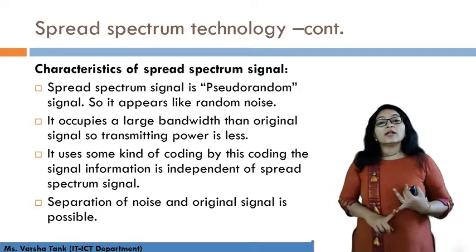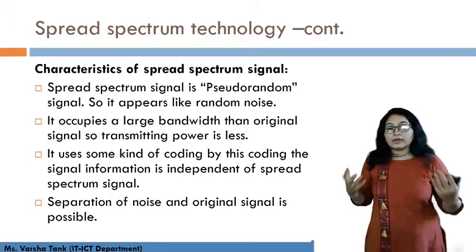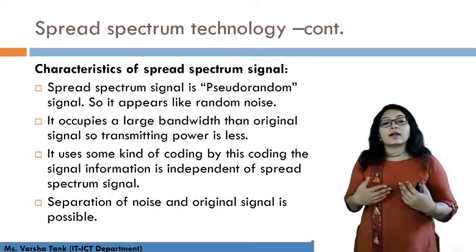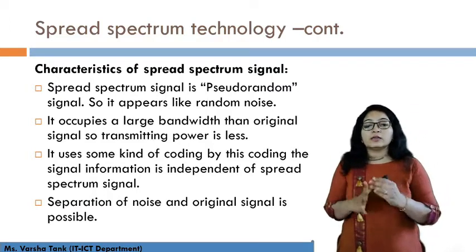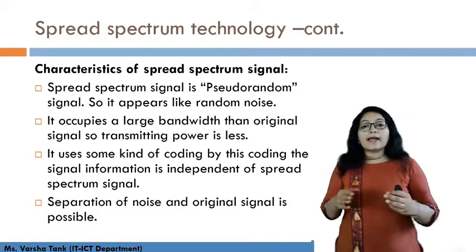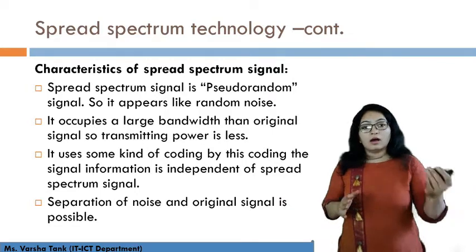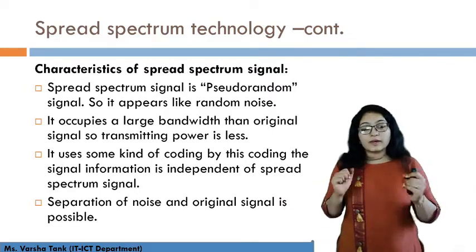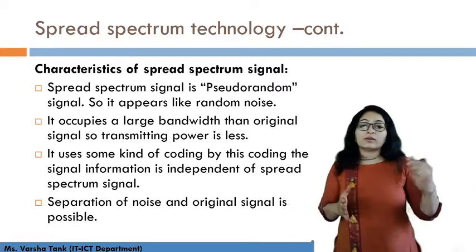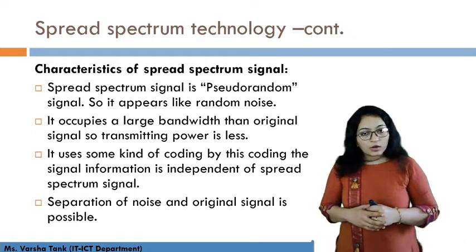Pseudo-random means we can generate a random signal, combine it with the original signal, and generate a new signal. That signal travels through the bandwidth and reaches the receiver side. Got it?